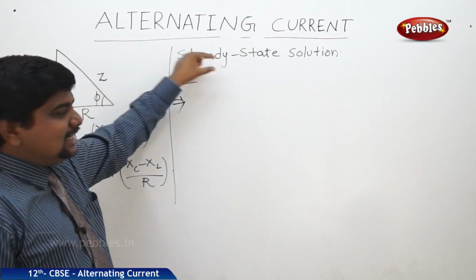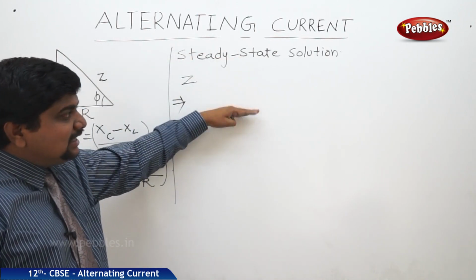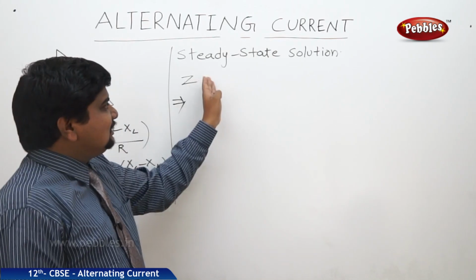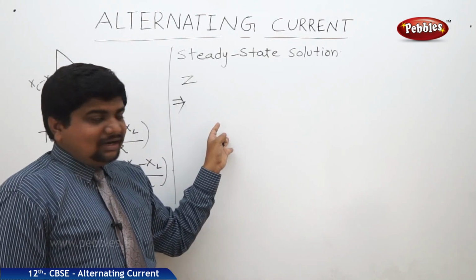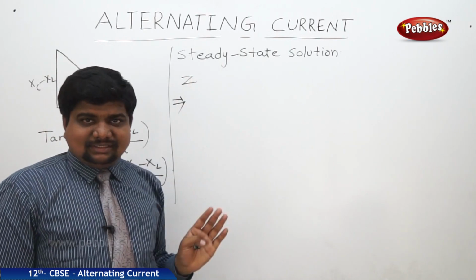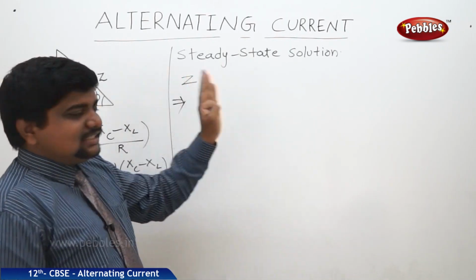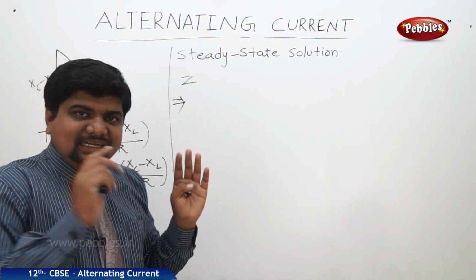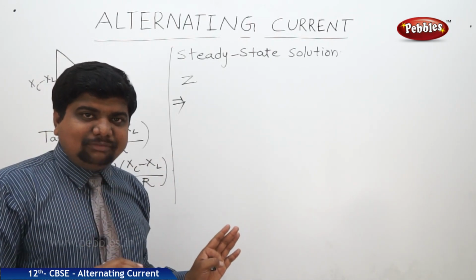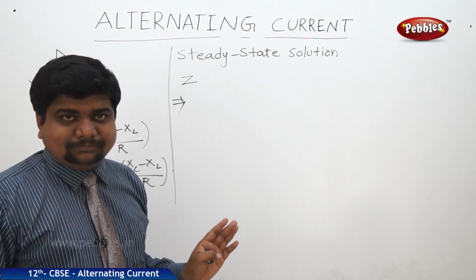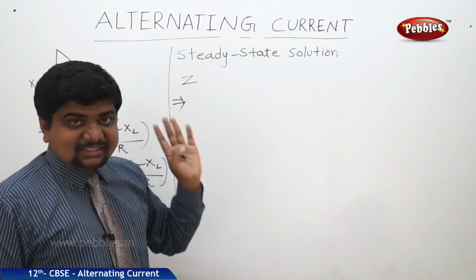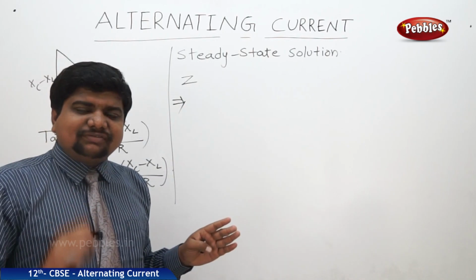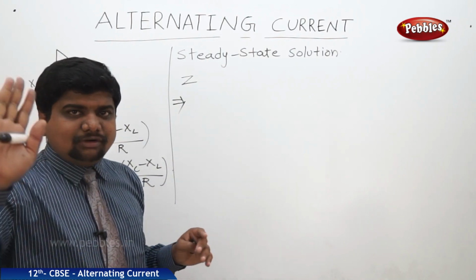So steady state solution means we are not considering their effects in the solution. We are simply considering the initial stages and the equation parts. All are simply connected in a circuit, and we are not caring about the effects of L, C and R. So this is valid in the case of steady state at t equal to 0.